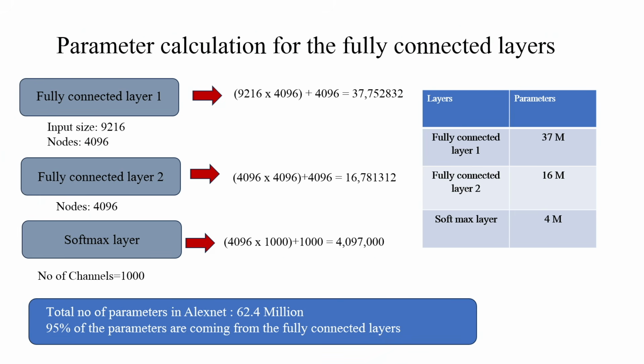And if we carefully see, 95% of these parameters are coming from the fully connected layers. So, my fully connected layers are the maximum dense part, which is taking the maximum compute power, because most of the parameters are in that portion of the structure.